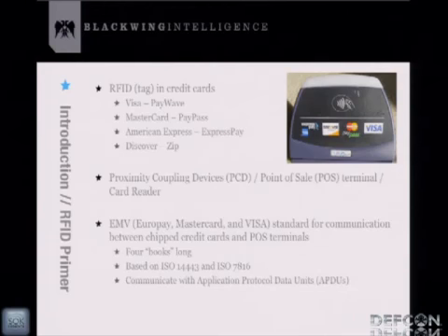The communication protocol used between a credit card and a credit card reader is called the EMV standard. This is basically MasterCard, Europay, Visa. They got together in Europe and decided they wanted to come up with a standard for smart credit cards. This standard is used for both contact-based chip and PIN credit cards and RFID-based credit cards. The protocol is based on ISO 14443 and 7816.